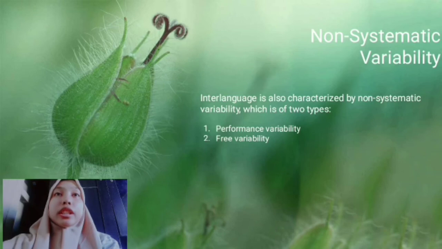According to Bickerton in 1975, however, the prevailing contextual theory of linguistic variation is disputed. He observed that, while with the help of a little hindsight a plausible contextual explanation can be given for many stylistic shifts, there are many more that operate in quite unpredictable ways. Interlanguage is also characterized by non-systematic variability, which is of two types: performance variability and free variability.